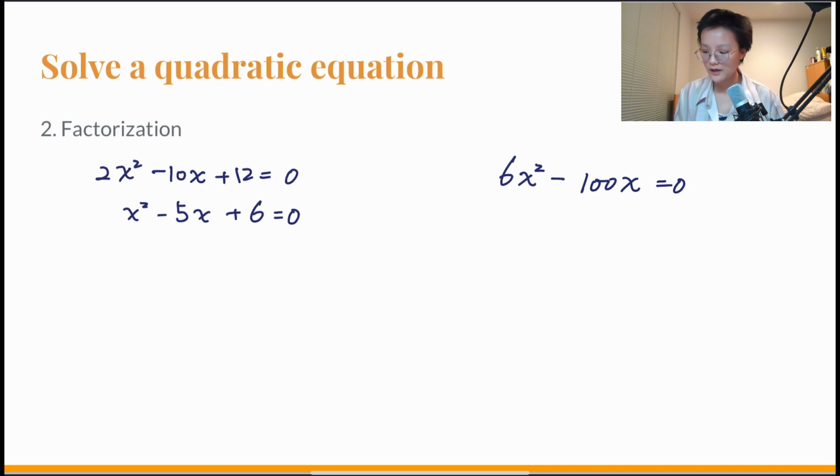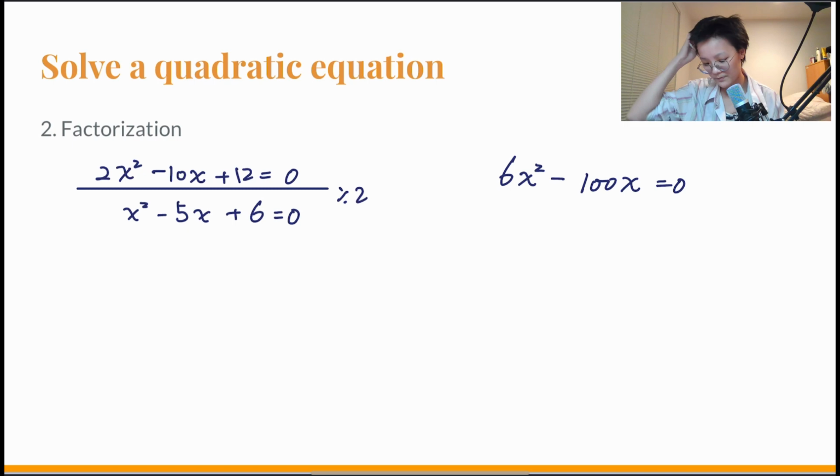There is another way that you can solve an equation, which is by factorization. The first thing I think I could do is factor out this 2, because 2, 10, and 12 are divisible by 2, so I could make it simpler by dividing both sides by 2. And we got this.